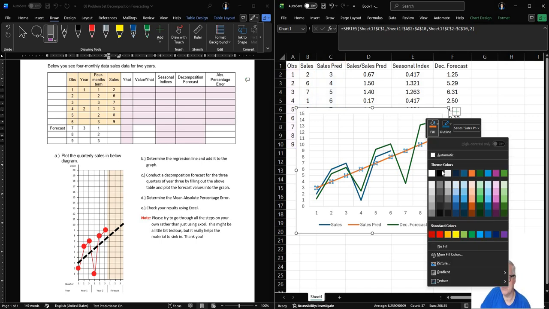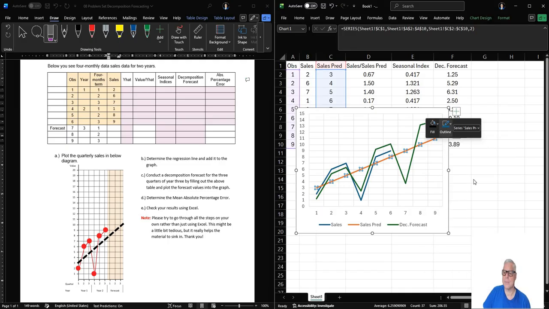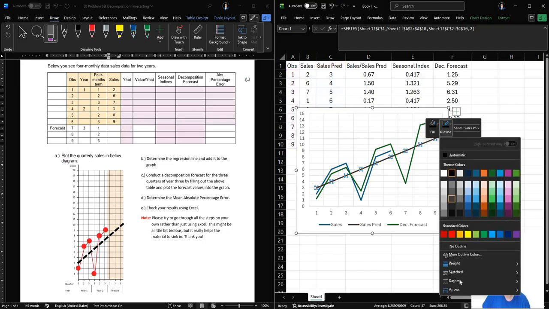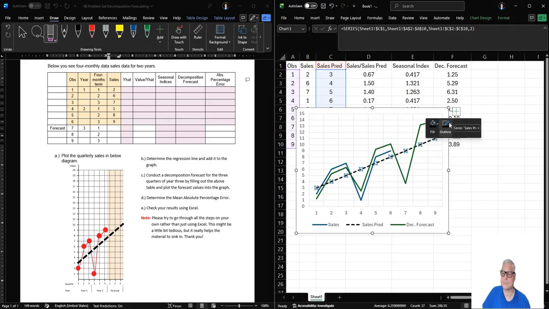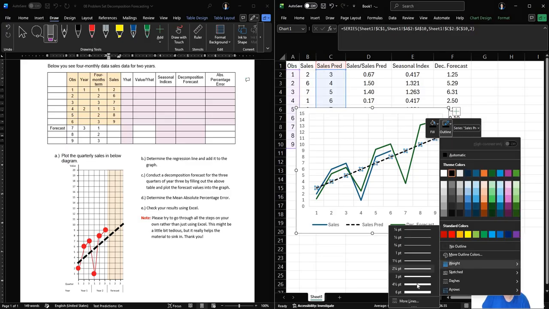So maybe we can match it to our graph. The trend line, typically I do it in black and we dash it, and maybe a little bit thicker.